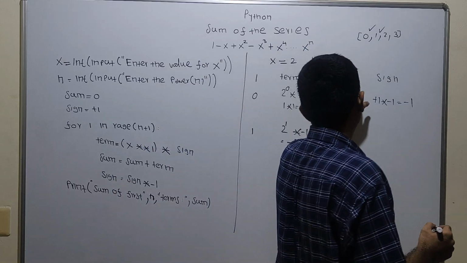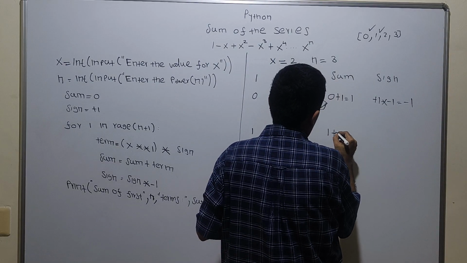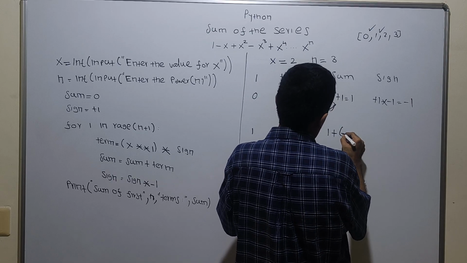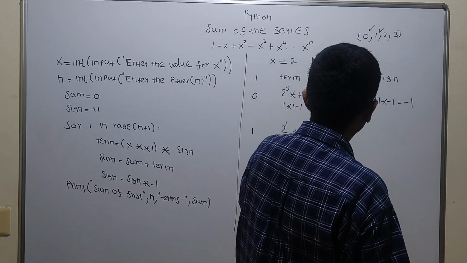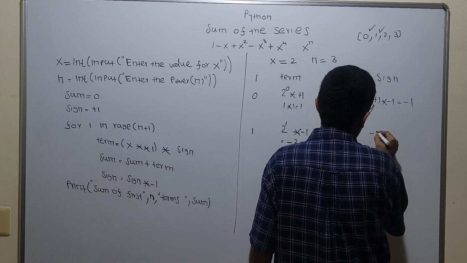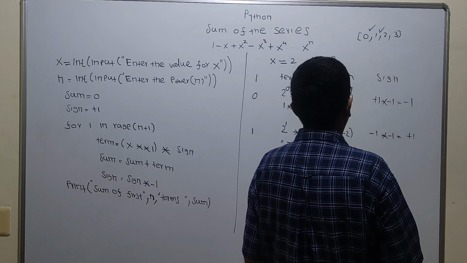Here sum equal to existing value of sum, that is plus 1, plus the value in the term, that is minus 2, which is equal to minus 1. Sign equal to sign into minus 1. So existing value of sign, minus 1, multiplied with minus 1, becomes plus 1.